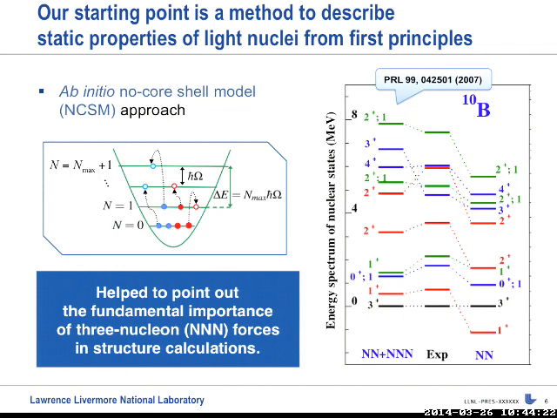The thing that I would like you to notice is that the correct ordering of the first 2 bound states of boron-10 is recovered only once the three-nucleon force is included. Basically, with the nucleon-nucleon force alone, we find a 1+ ground state for the system rather than the observed 3+. So this approach, yes?